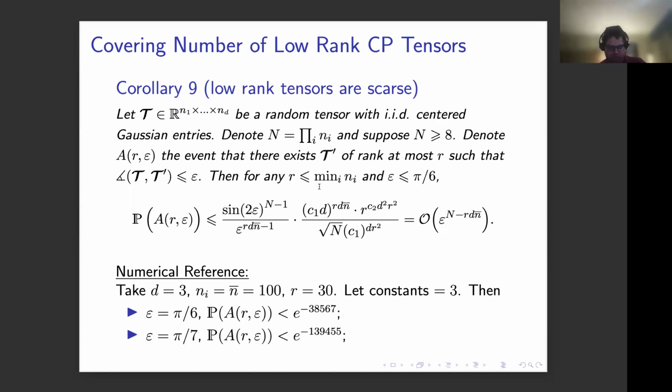If you really have no model or structure behind the tensor, then it's just not reasonable for it to have a good low rank approximation. It's exceedingly unlikely. And fortunately, in practice, there is structure behind tensors that enables low rank approximations to be useful.